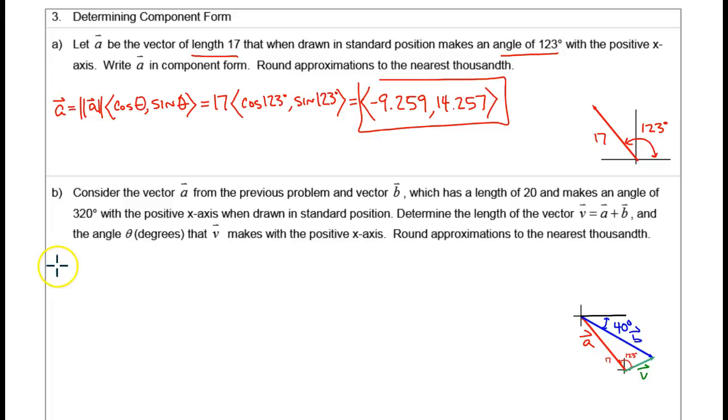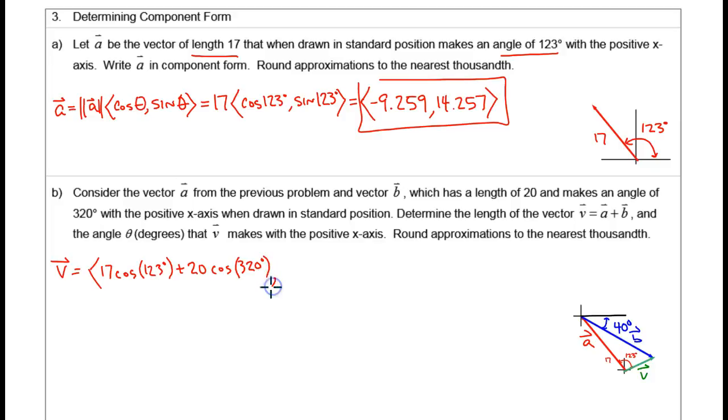First thing I'm going to do is say that vector V is going to be equal to vector A, which has a horizontal component of 17 times the cosine of 123. And then I have to add to it the horizontal component of vector B, which will be 20 times the cosine of 320 degrees.